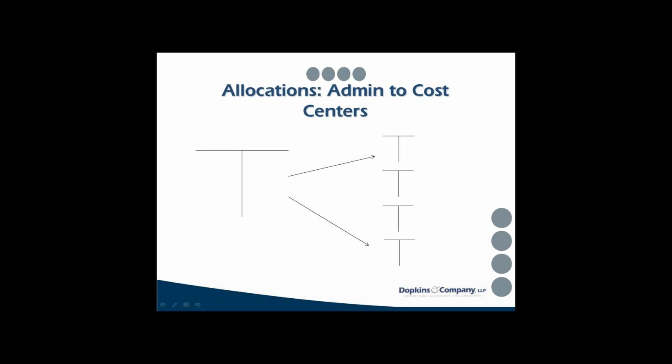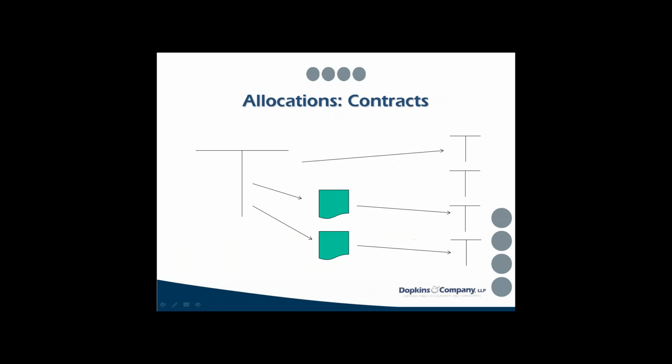In a job costing world, some of those allocations might go directly to another cost center. Some might go to a job first to be captured in detail, and then that job gets sent to its respective cost center. So all of these sorts of activities that you're doing would continue to happen. It's just I'm doing them in different places, perhaps.